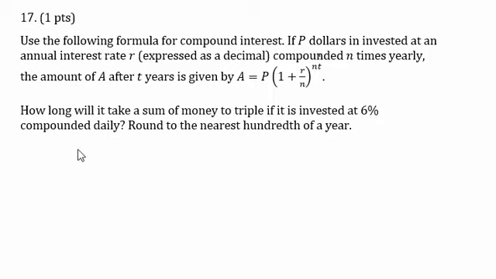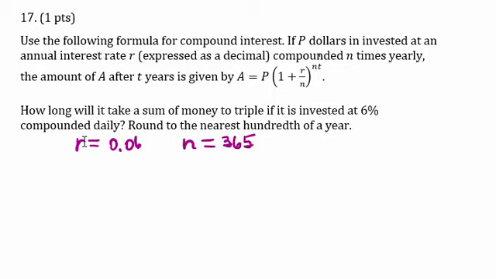In the given information, we have our interest rate, which is 6%. Written as a decimal, that's 0.06. We also have the number of times a year that the interest is compounded, and so if it says daily, that's n equals 365.